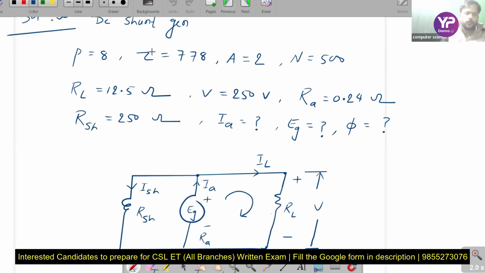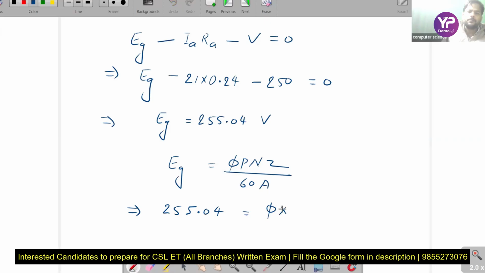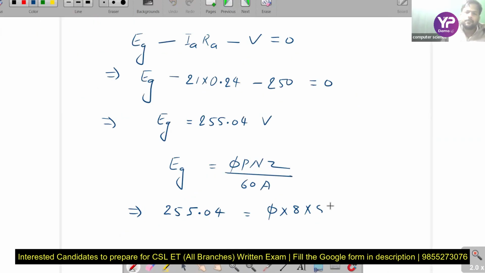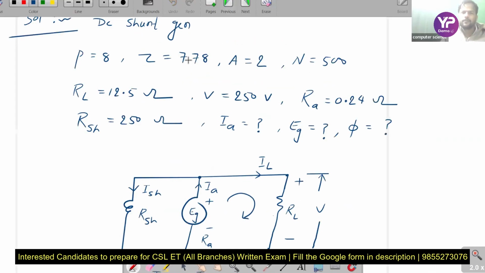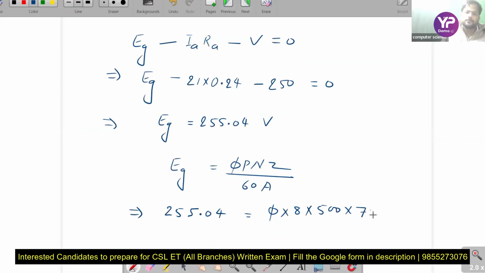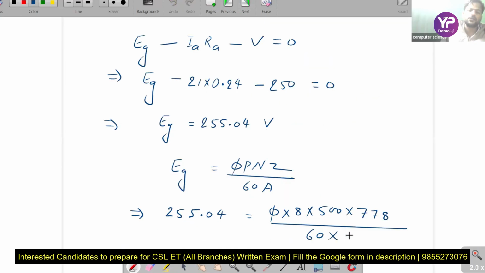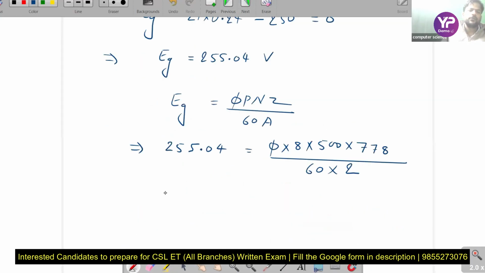In this question the number of poles P is 8, the speed of rotation is 500, and the number of conductors is 778, upon 60 into A. A is the number of parallel paths, and this is a wave connection, so the number of parallel paths is 2. When we solve this, we get the flux phi approximately equal to 9.83 milliweber.